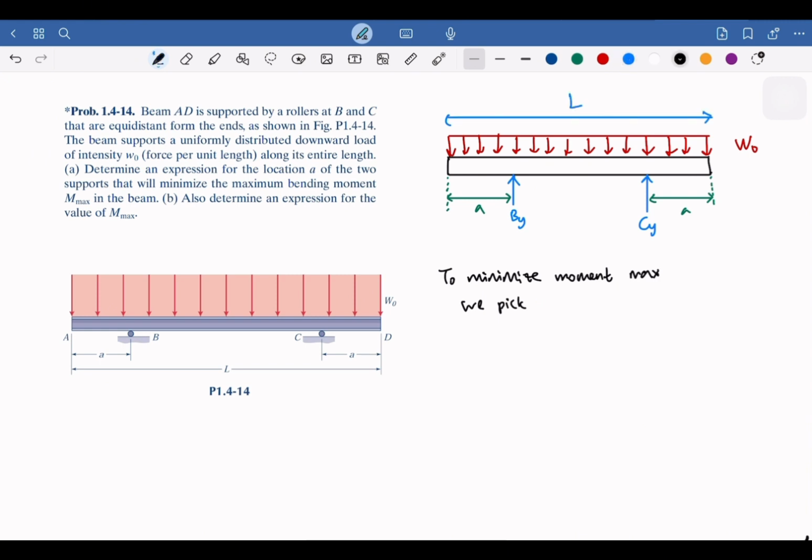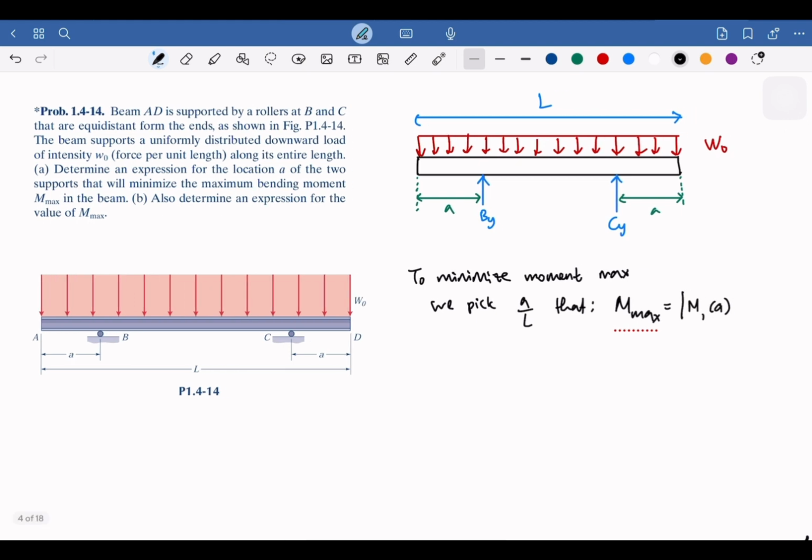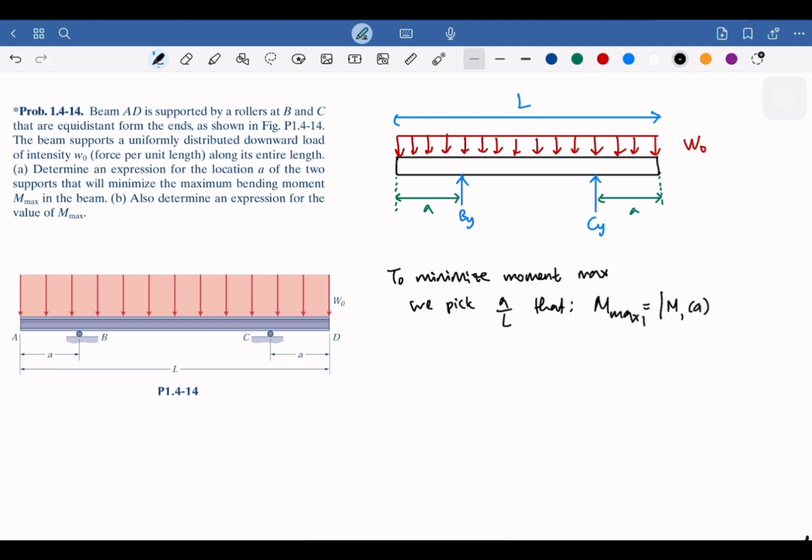We pick A over L such that the moment max is equal to the M on A. This would be equal with the M max 2, which is the M2 at L over 2.